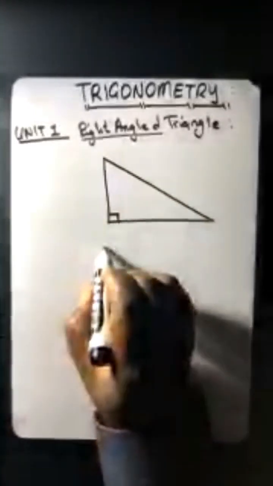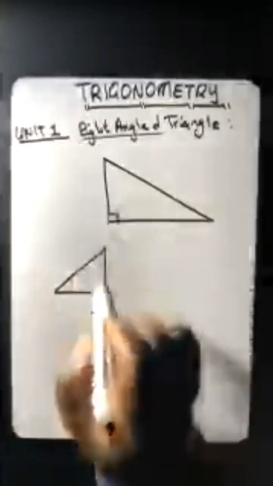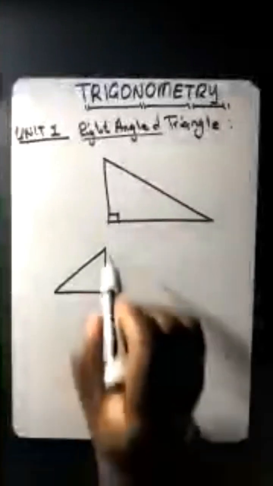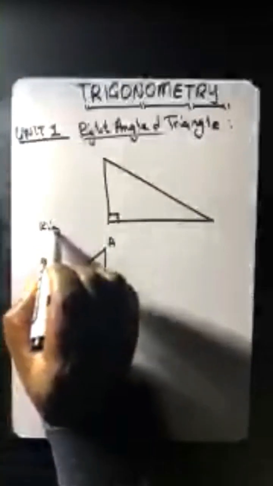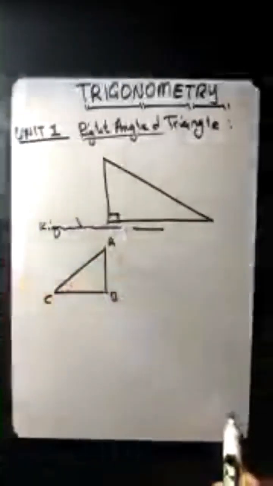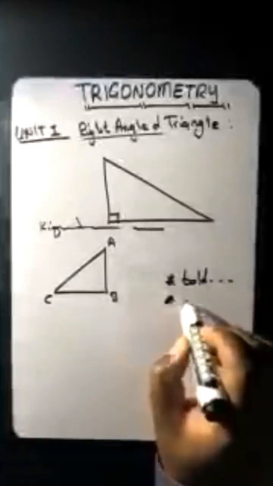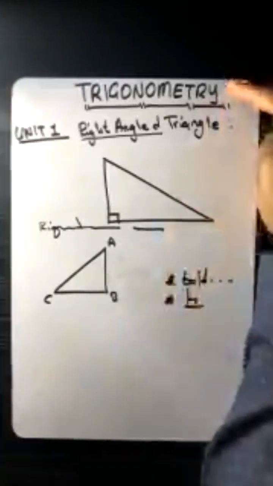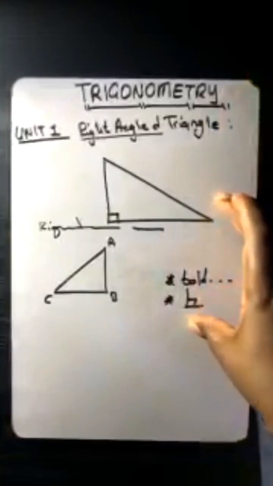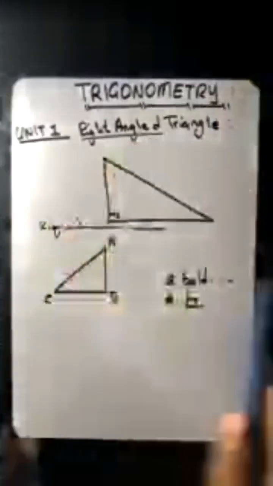The second way is that they can give you a triangle similar to that without drawing the sign, but in the statement they will say, for example, given triangle ABC, it is a right-angled triangle. So you can be told in the statement, or you can see it by that 90-degree sign. Under trigonometry, we are looking at this type of triangle called a right-angled triangle. Very, very important, ladies and gentlemen.